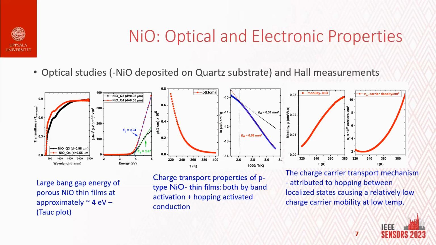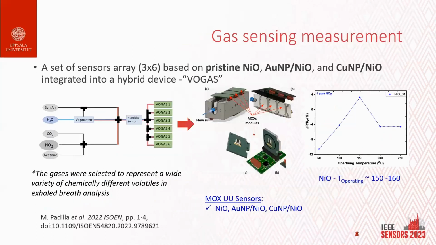Having this information, we will look into the device. We produced six devices. In each device, we have pristine nickel oxide, gold nanoparticle coated nickel oxide, and copper nanoparticle nickel oxide.